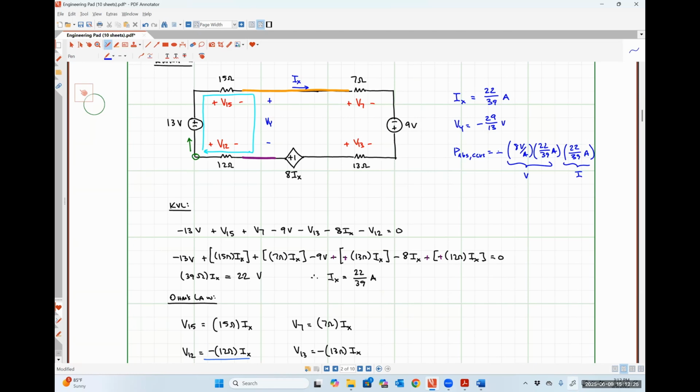So let me throw this into my calculator real quick. 8 times 22 over 39 squared comes out to be, excuse me, forgot the negative sign, negative 2.546 watts.